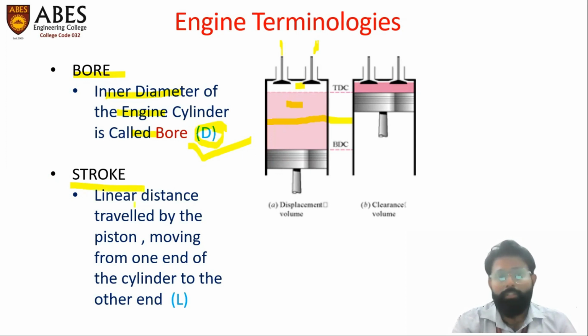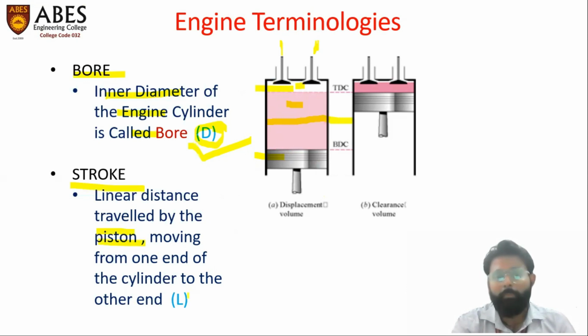Another terminology is the stroke. Stroke is the linear distance traveled by the piston, moving from one end of the cylinder to the other end. That means one end is at the top and the other end at the bottom. So from top to bottom, when the piston reciprocates, the linear distance traveled is the stroke of the piston or the stroke of the cylinder.